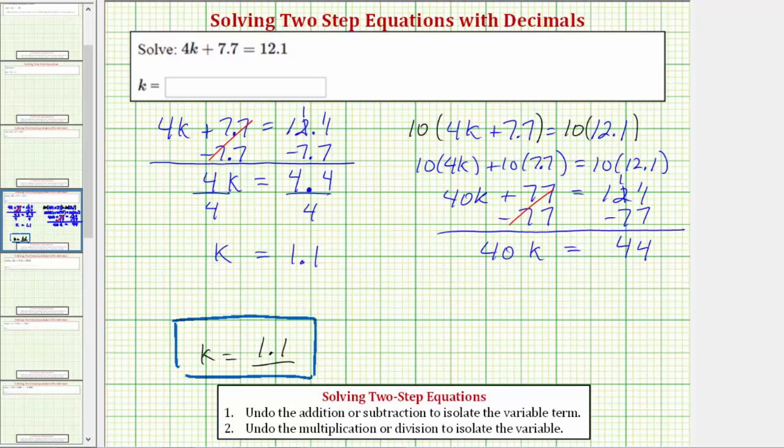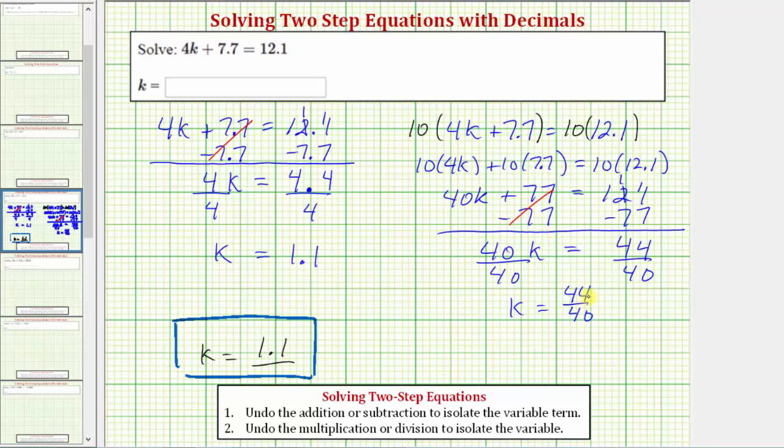To undo multiplying by 40, we divide both sides by 40. Simplifying. Dividing by 40 undoes multiplying by 40, or 40 divided by 40 is equal to 1. 1 times k is k. Equals, on the right side, we have the fraction 44/40ths. If we do express the solution as a fraction, we need the fraction to be in simplest form.